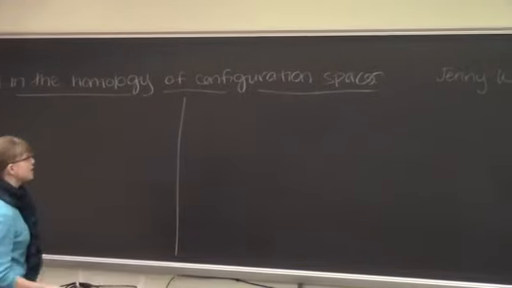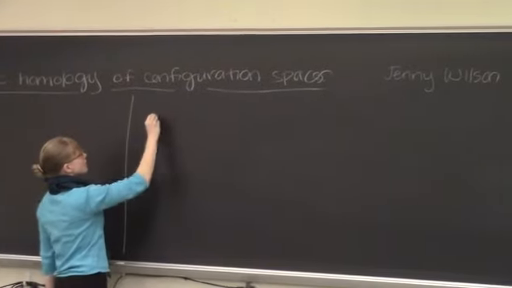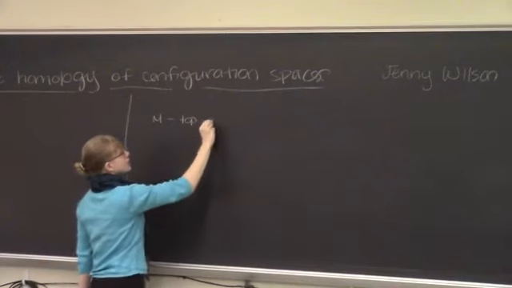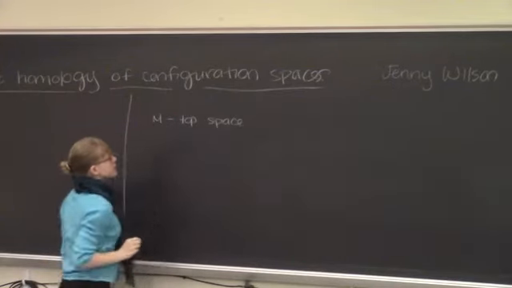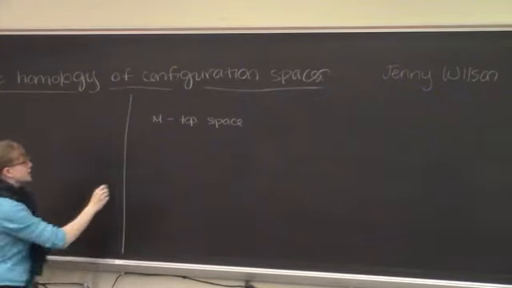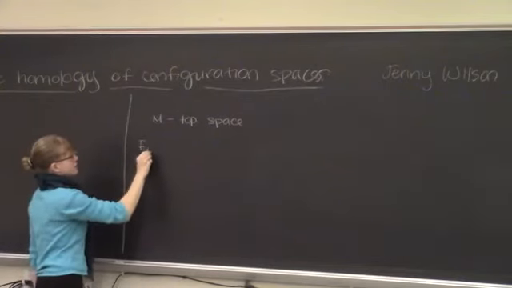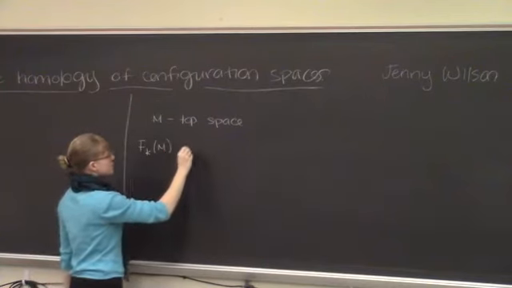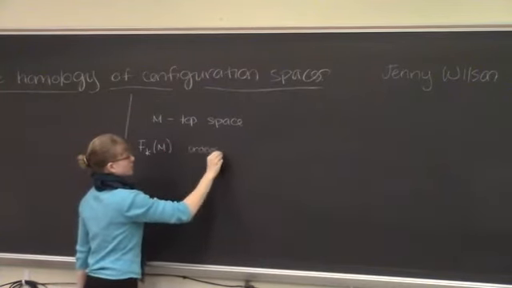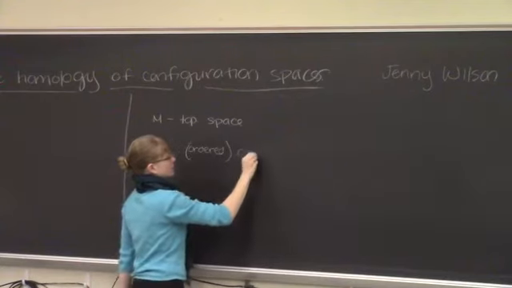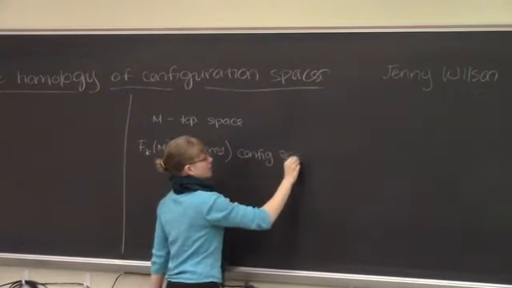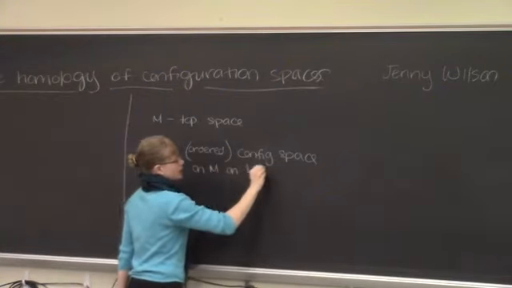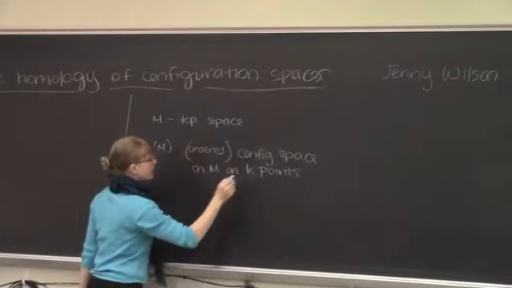We passed this line. Okay, so the main definition of the talk is the following. If M is some topological space, then I can define the ordered configuration space on M on k points as follows.